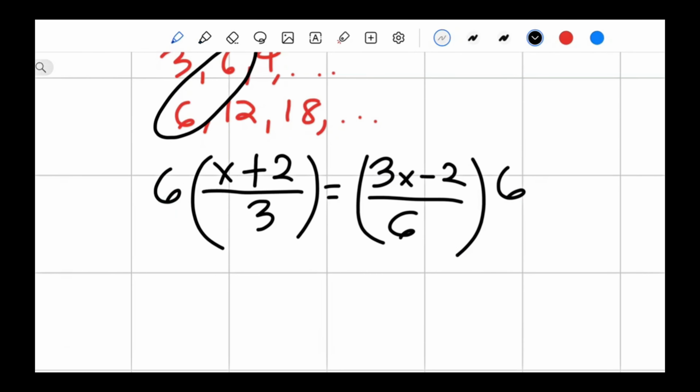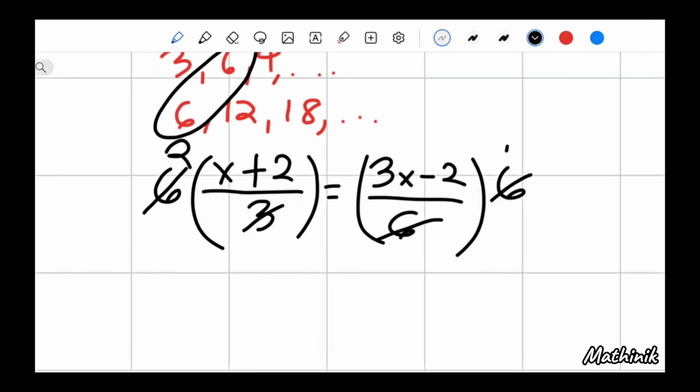So 6 times (x + 2)/3: we cancel this out, 6 divided by 3 is 2. Then 6 times (3x - 2)/6: we cancel this out, 6 divided by 6 is 1.